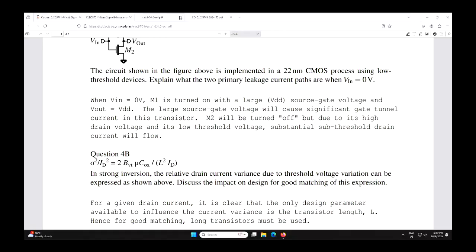Before we start, I really want to show you a two-stage op-amp. I think I can be faster than drawing it.